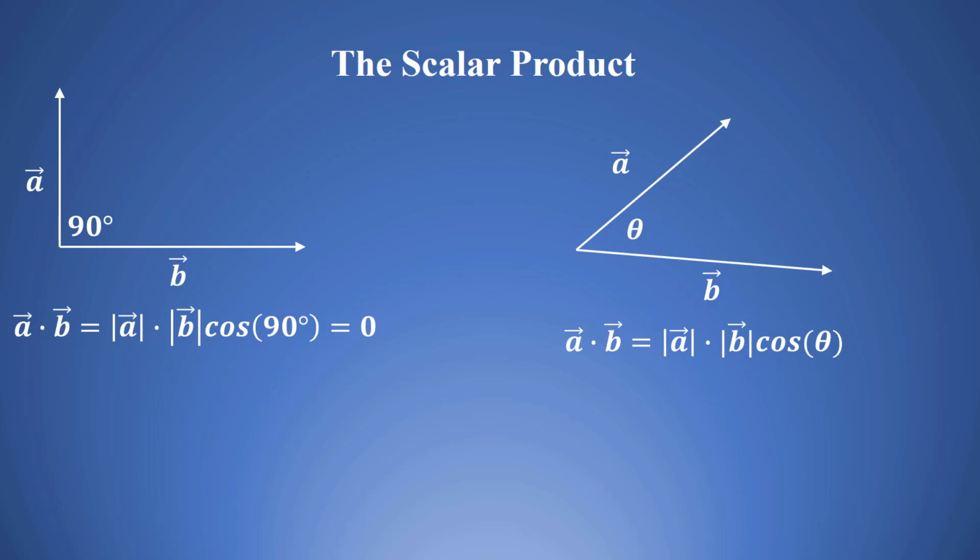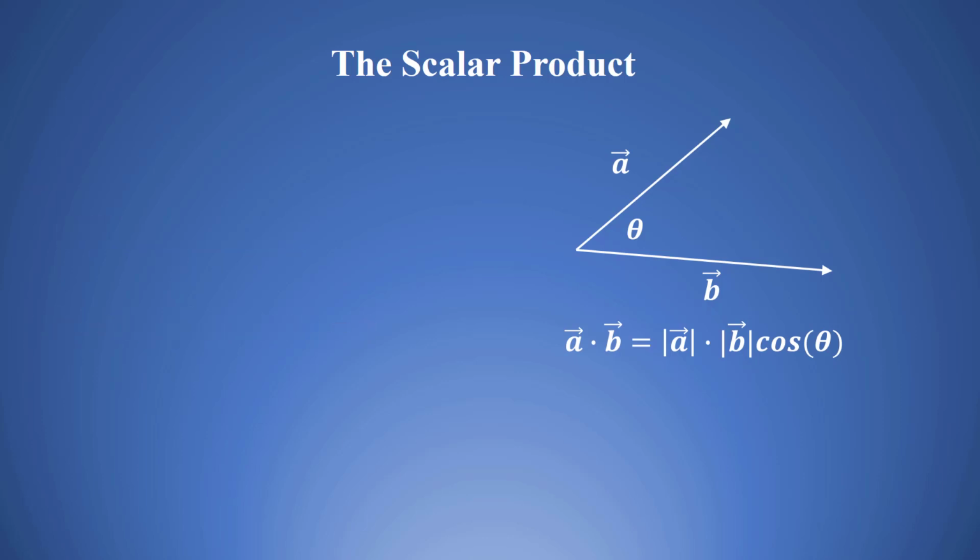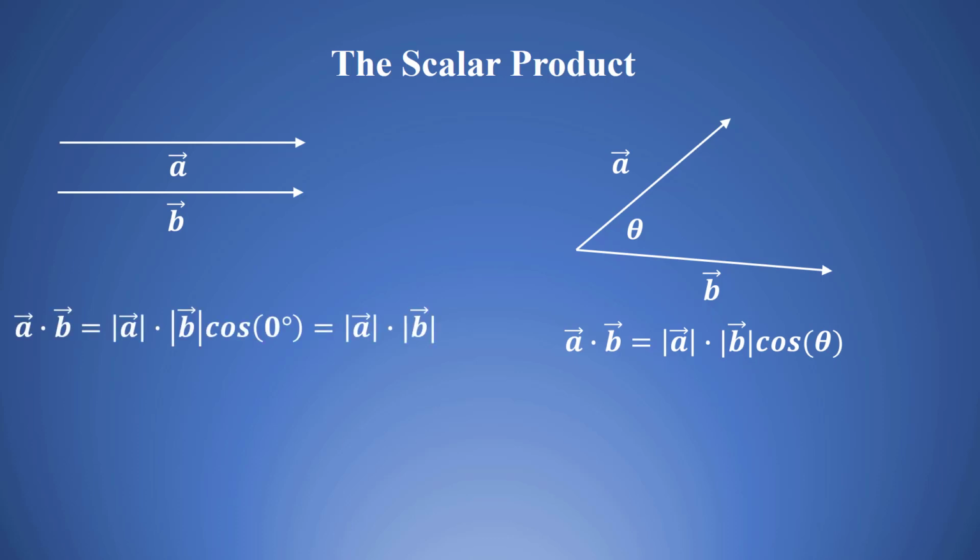Some special cases for the dot product: for example, if the two vectors are parallel and have the same direction, the dot product is the multiplication between the two vectors' magnitudes. And that's because the cosine of 0 is equal to 1. When the two vectors are parallel to one another, this means that the angle between them is equal to 0.